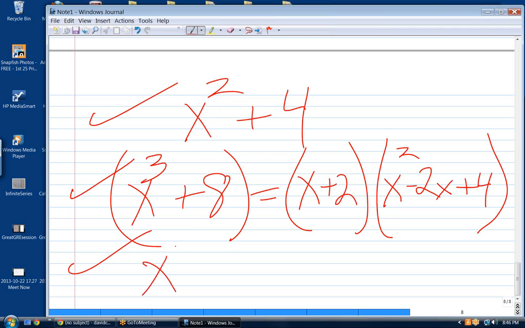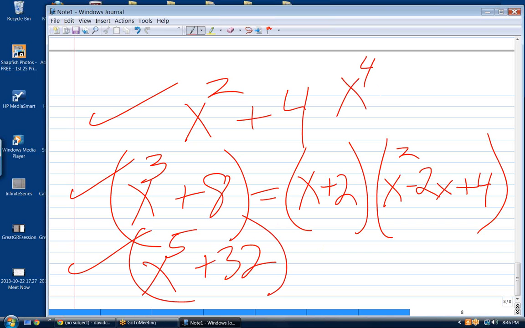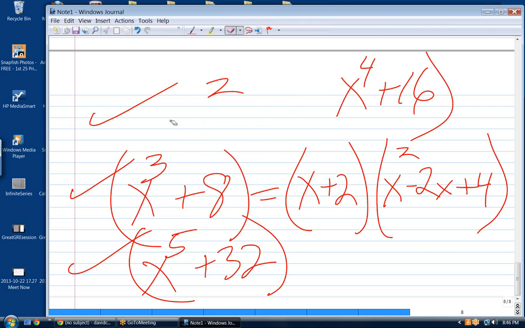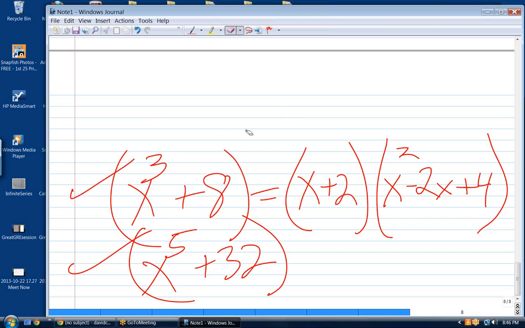In other words, we have factors for the sum of fifths also. But we don't have factors for x to the fourth plus 16. So if it's an even number, you can't factor the sum. If it's an odd number, you can factor the sum and the difference.